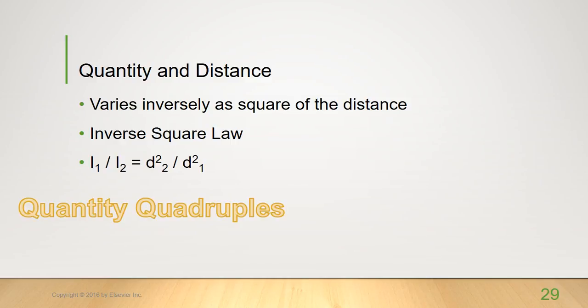So the quantity quadruples if you halve your distance. If you get closer from the tube to the patient, you bring it closer, you quadruple the amount of energy that they're getting. X-ray photons diverge as they travel, and if the distance is shorter, they do not have the opportunity to diverge as much. Therefore, they're concentrated on a smaller area.